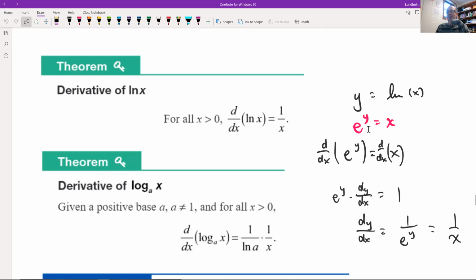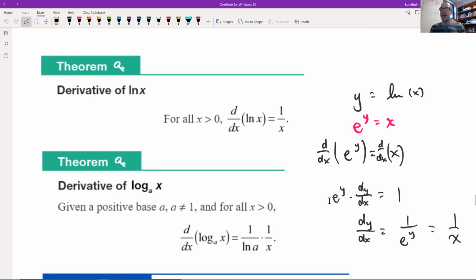So this is just an alternate way to write this, but now using implicit differentiation and the chain rule, we're treating e to the y as a function of x, so that we have e to the y times dy dx, and the derivative of x on the right-hand side just becomes 1.